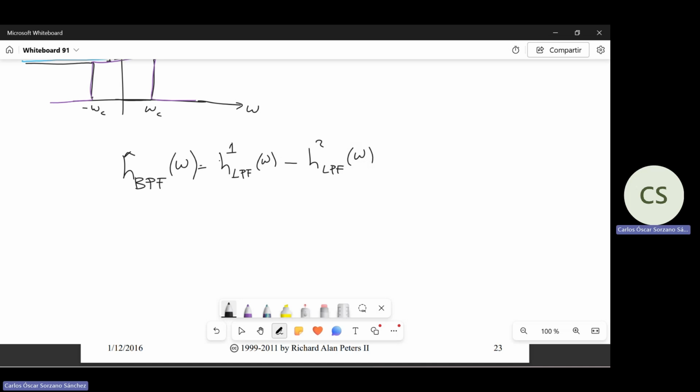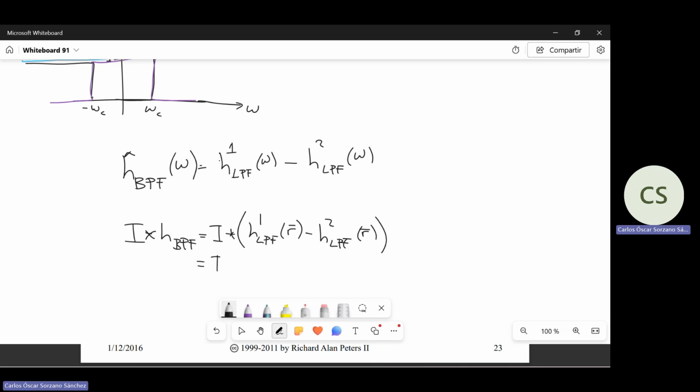So let's convolve with this one. We have an image convolved with the impulse response of this. That will be the image convolved with the impulse response of the first minus the second.